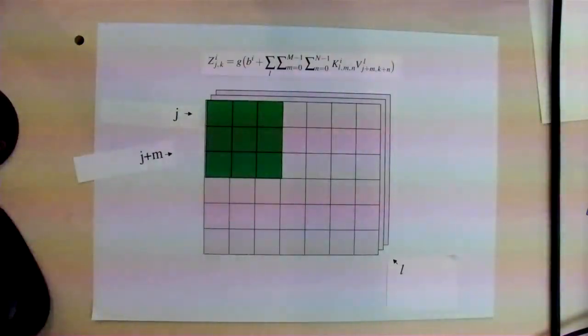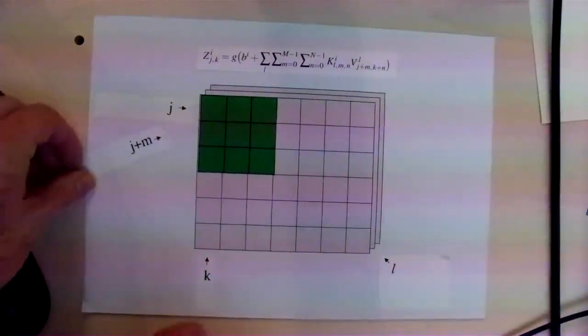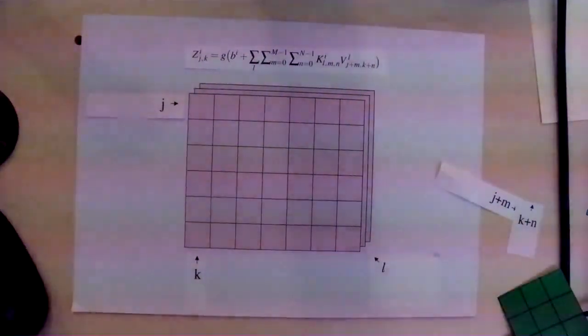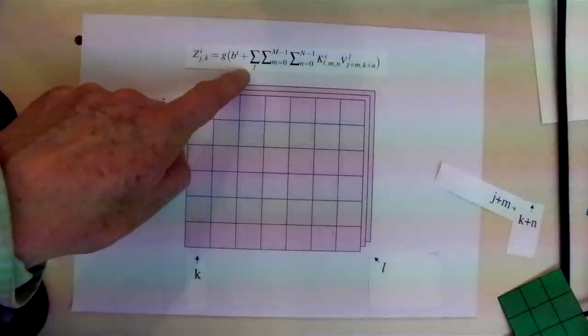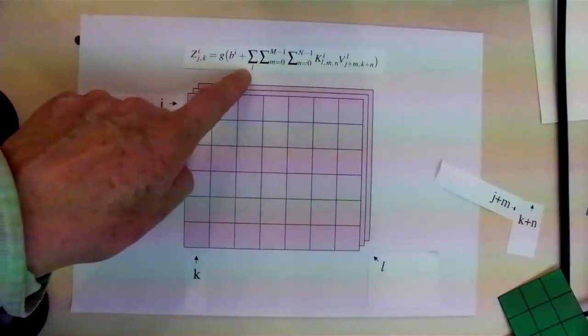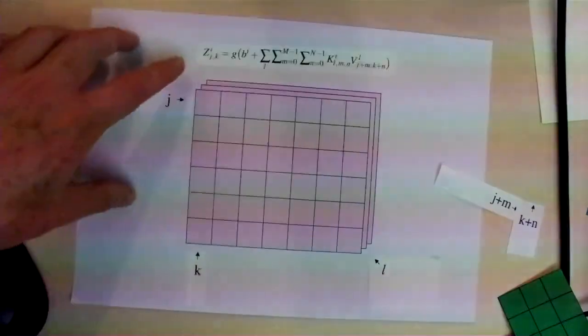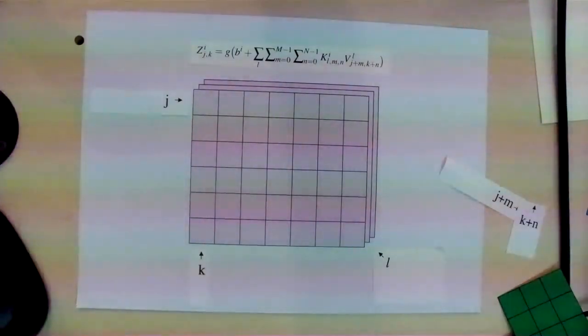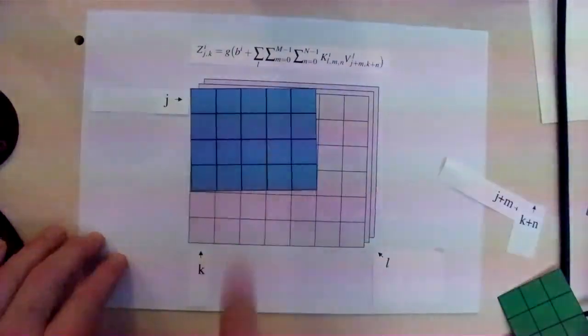So there's J and there's K. In this equation, I'm summing over the channels L. So this is the input layer, and then at the first hidden layer, I have an array of nodes like this.